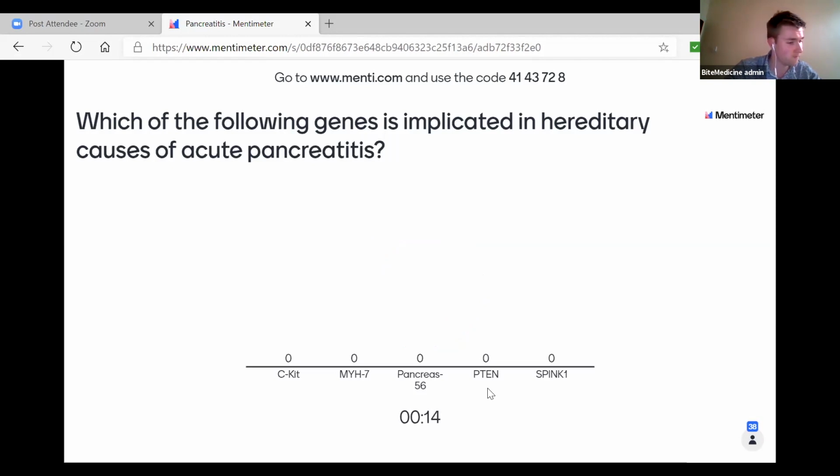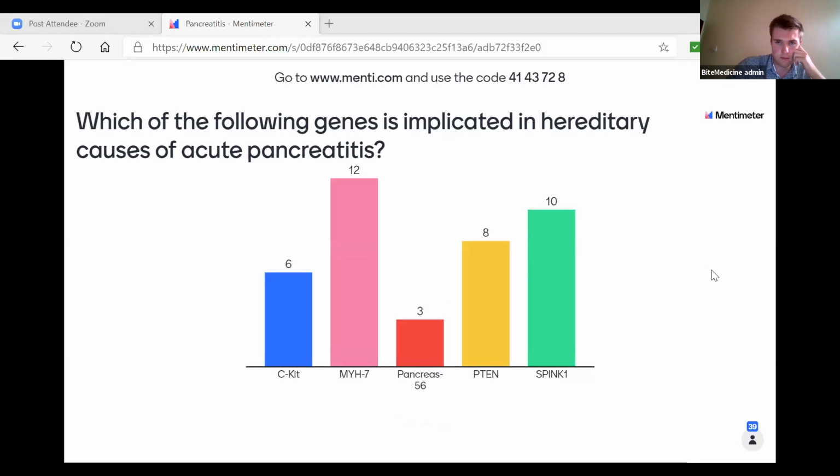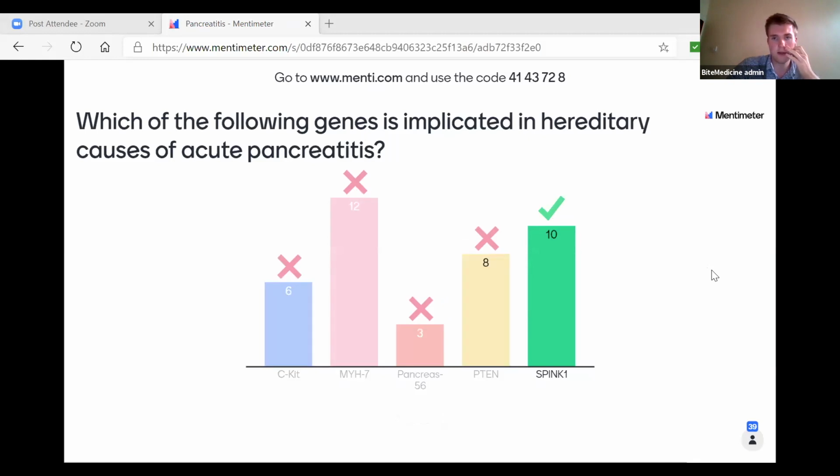I made it up. Five seconds left. Okay, oof, split picture here. And the answer is SPINK1.